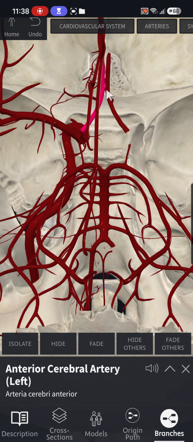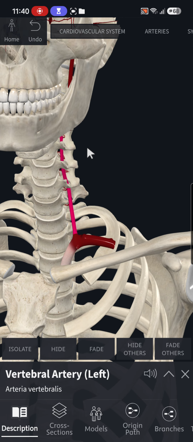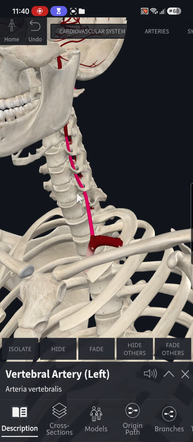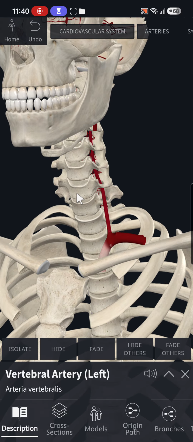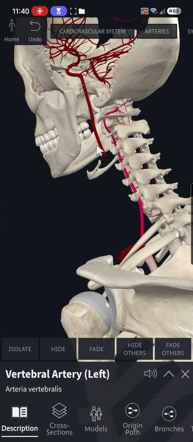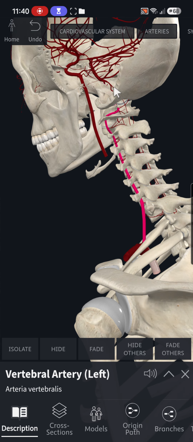Let's talk about the internal carotid artery, its pathway and branches, and the vertebral artery as well, pathway and branches. So let's start with the vertebral artery. It originates from the subclavian artery. It's a branch of the subclavian artery, and then it ascends within the cervical transverse foramina to enter the cranial cavity through the foramen magnum.